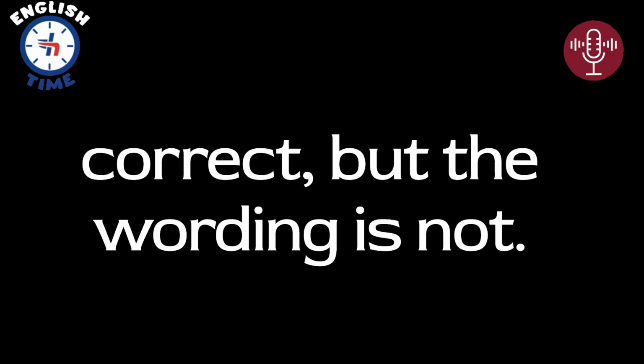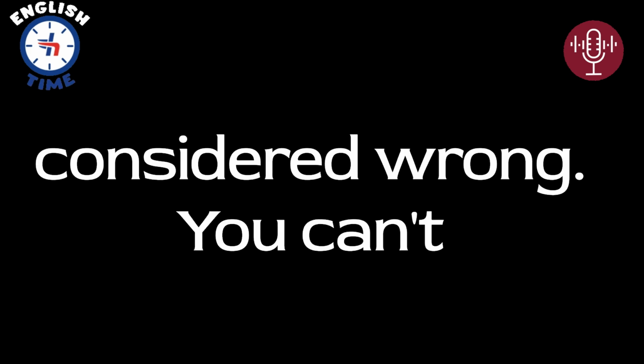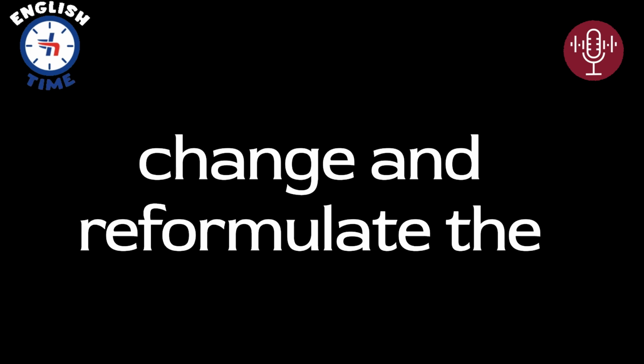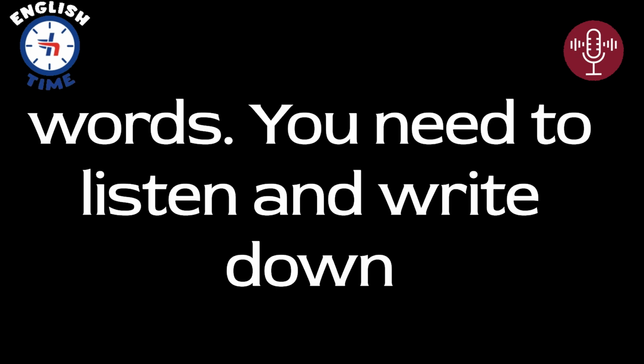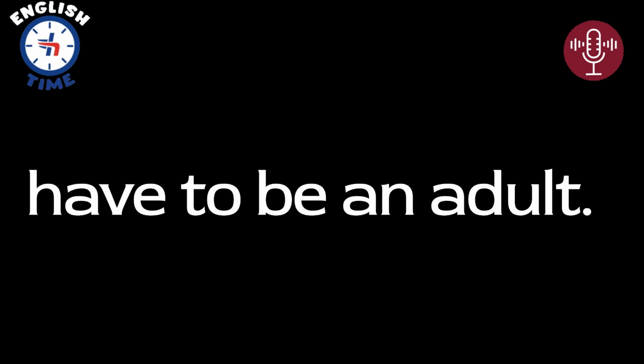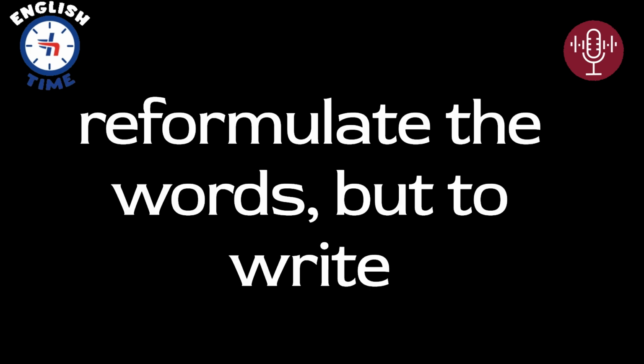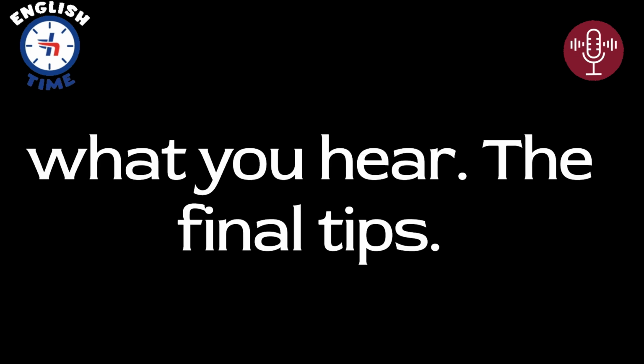The meaning is correct, but the wording is not. So this answer would be considered wrong. You can't change and reformulate the words. You need to listen and write down the words you hear. So the answer would have to be "an adult." So be very careful not to reformulate the words, but to write what you hear.